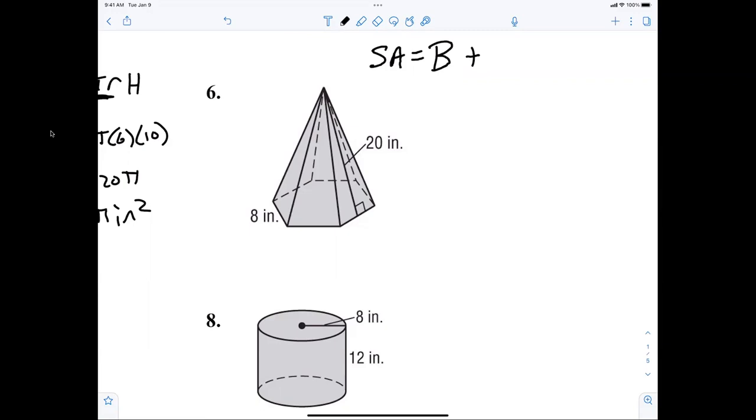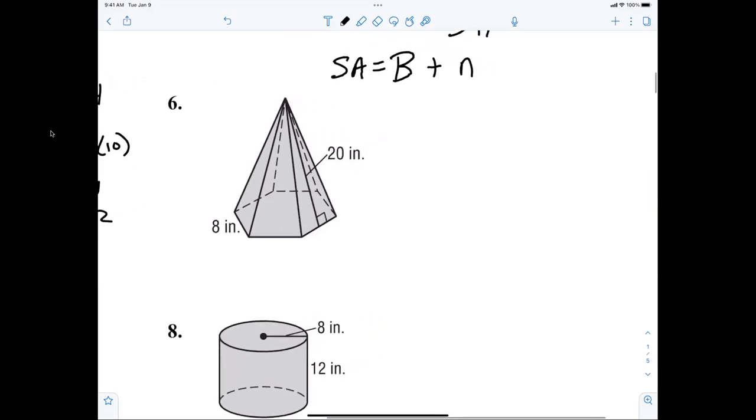All right, so the general form would be the number of sides would be n, right? There would be n number of sides. And then there are always triangles. So what's the formula for area of a triangle?